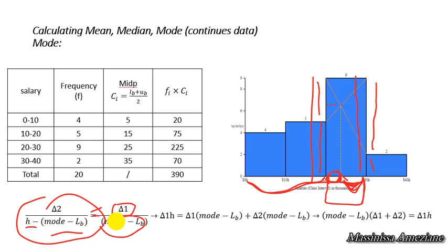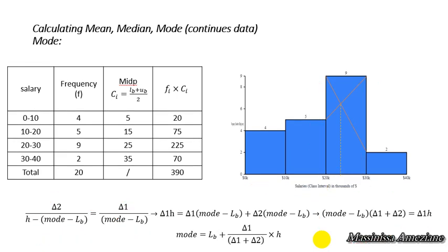And by doing some basic mathematics, we will get this: delta 1 times h equals delta 1 times (mode minus lb) plus delta 2 times (mode minus lb), and we will in the end get this: (mode minus lb) times (delta 1 plus delta 2) equals delta 1 times h, and finally we get our formula for the mode in case of continuous data. So mode equals lb, which is the lower boundary of the modal class, plus delta 1 divided by delta 1 plus delta 2, times h.